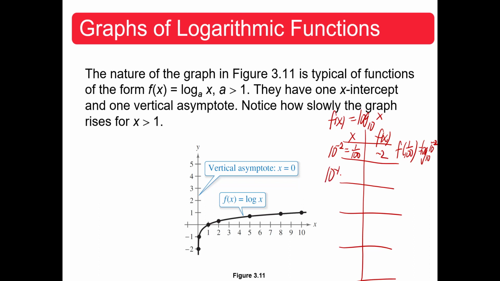Same thing here, 10 to the negative 1 is 1 over 10, which gives -1. So this power becomes the y value. 10 to the 0 power is 1, that's 0. 10 to the first is 10, which gives 1. 10 to the second is 100, which gives 2. We get 1, 0 right here, then 1 over 10 is -1, and this is 10. You connect those points and get a logarithm function in base 10.